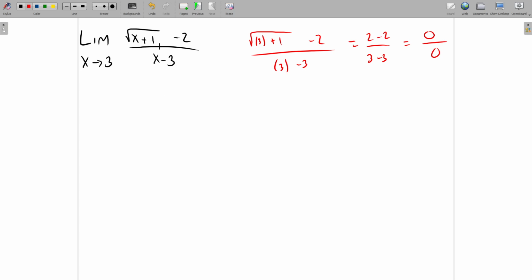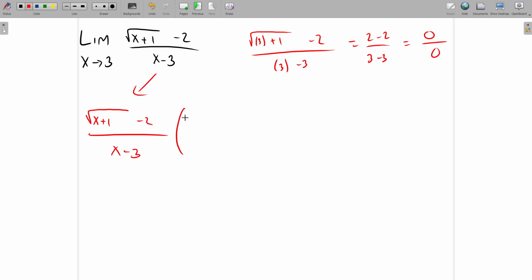So when we see that, that is a big hint that the thing we're going to do is multiply this. We'll go ahead and rewrite it. Multiply this by the conjugate of the radical piece. The radical piece is in the numerator, so we're going to multiply this entire fraction by the conjugate of the numerator.